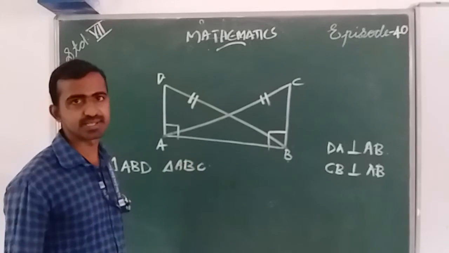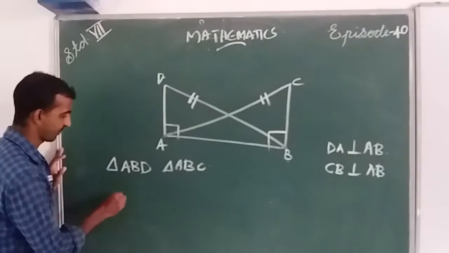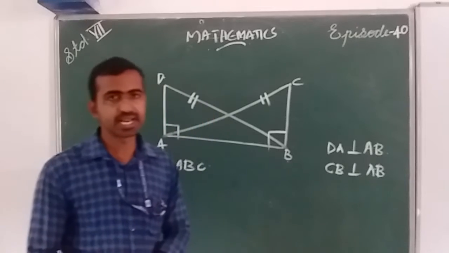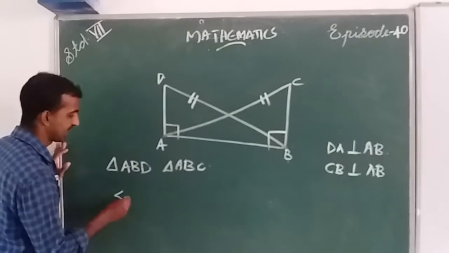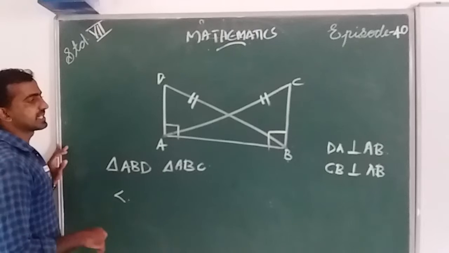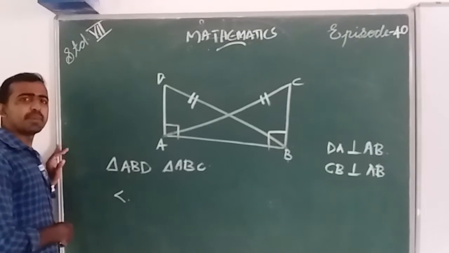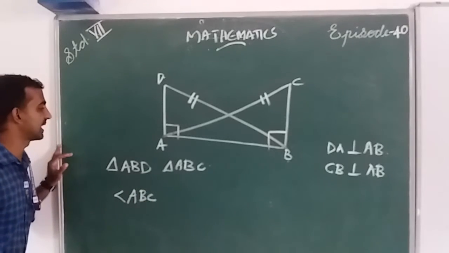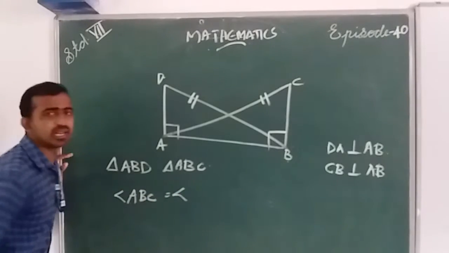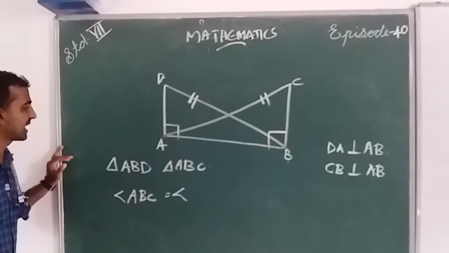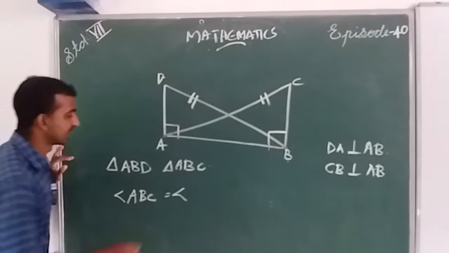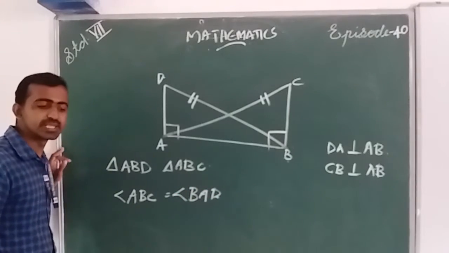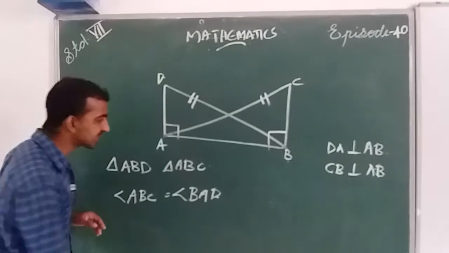In triangle ABC, angle ABC is equal to angle BAD.